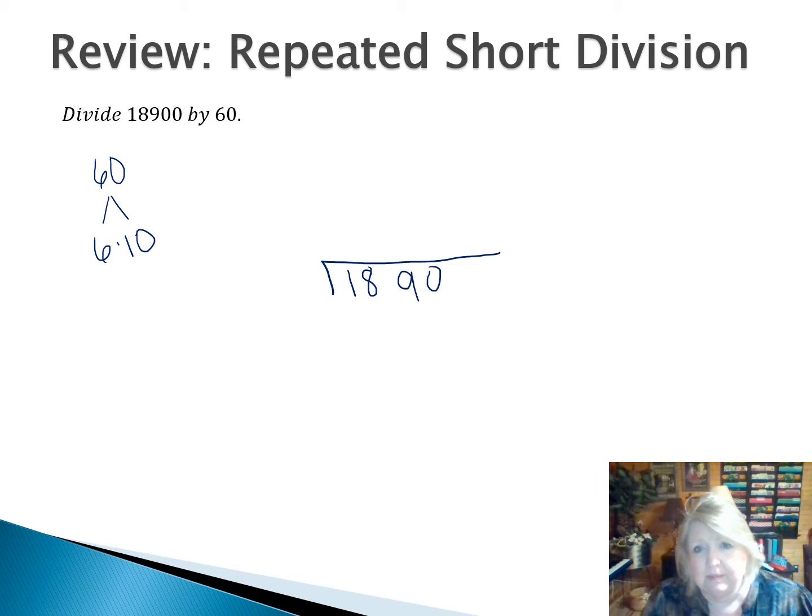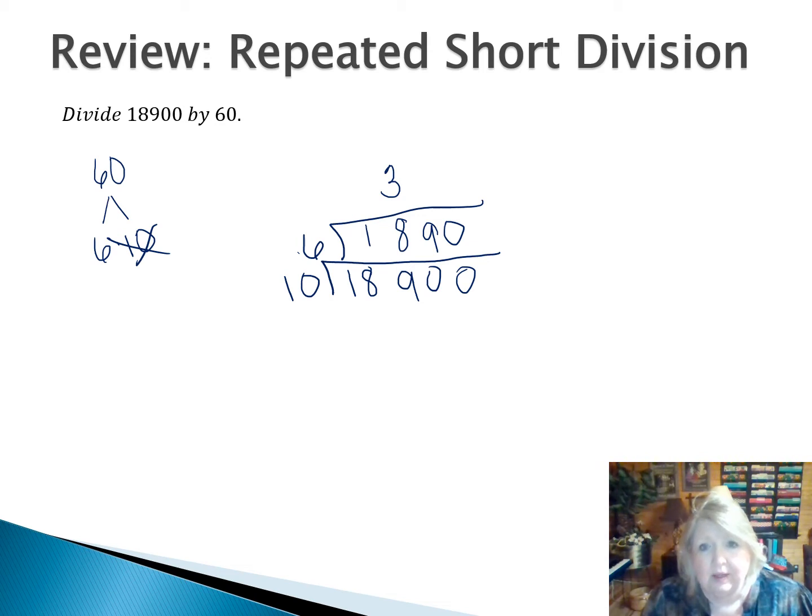I can take the 18,900 and divide it by 10 first. That kind of, in essence, takes off a 0, so that's 1,890. And then I can do another short division and divide that by 6. 6 goes into 18 3 times with nothing left over. 6 goes into 9 one time with 3 left over.